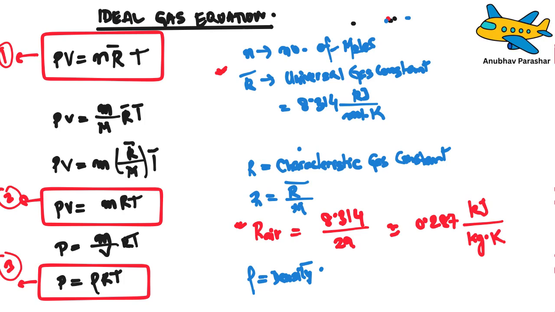Now having understood this, let us move on to the next point of discussion, that is Cp and Cv. We have already done Cp and Cv in our class. Let us try to understand it once again, not in that detail, but from a different point of view.